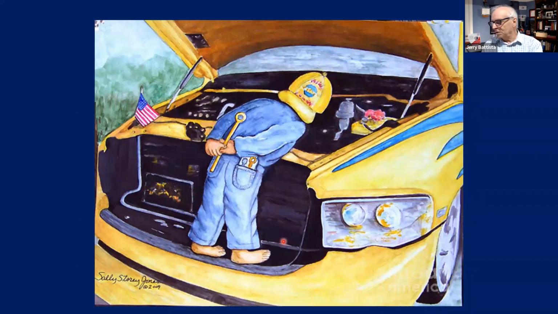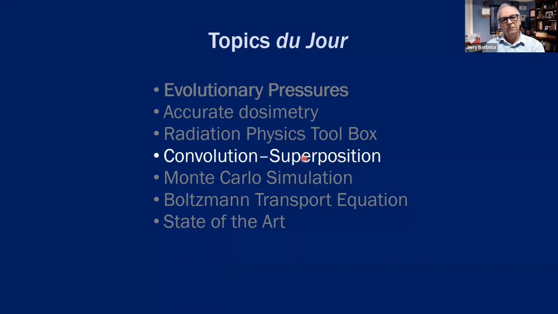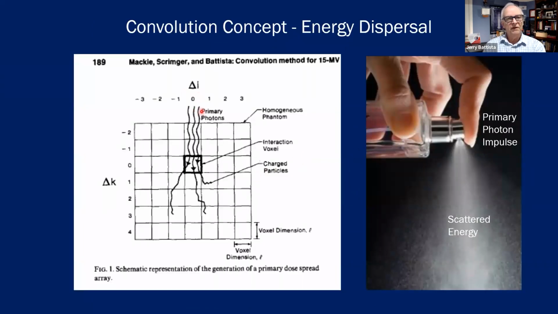Believe it or not, this was just the introduction. Let's start the lecture now. We're looking under the hood to see how the treatment planning system is working. Let's do convolution first. Convolution is a very simple idea. If we isolate one voxel in the patient and we look at photons that interacted only in that voxel, those photons will liberate electrons and scattered photons, including these charged particles, and form a pattern.